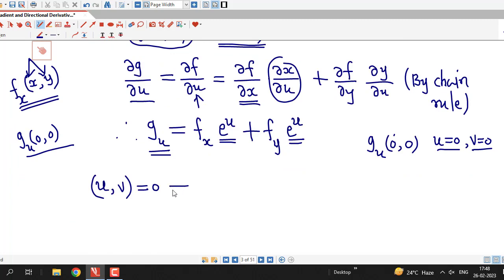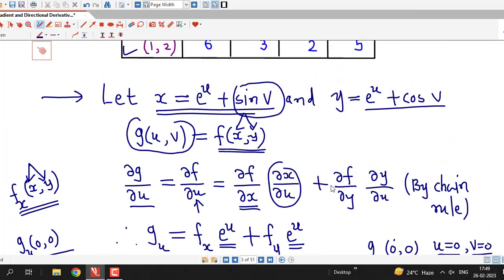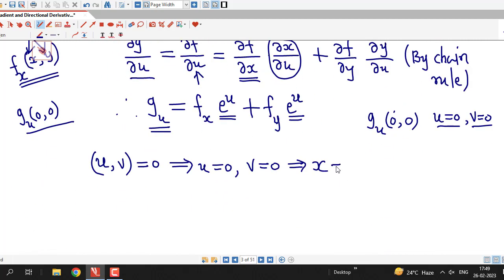So uv equal to (0,0) implies u and v both are 0, and if we substitute values of u and v as 0 in these two equations, first I put u equal to 0, v equal to 0 here. So here I have e raised to 0 plus sine 0. So value of x is e raised to 0 plus sine 0.